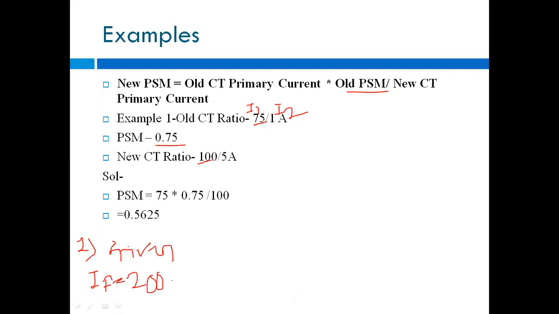Then the relay setting is 50%, or simply it is 50 divided by 100.